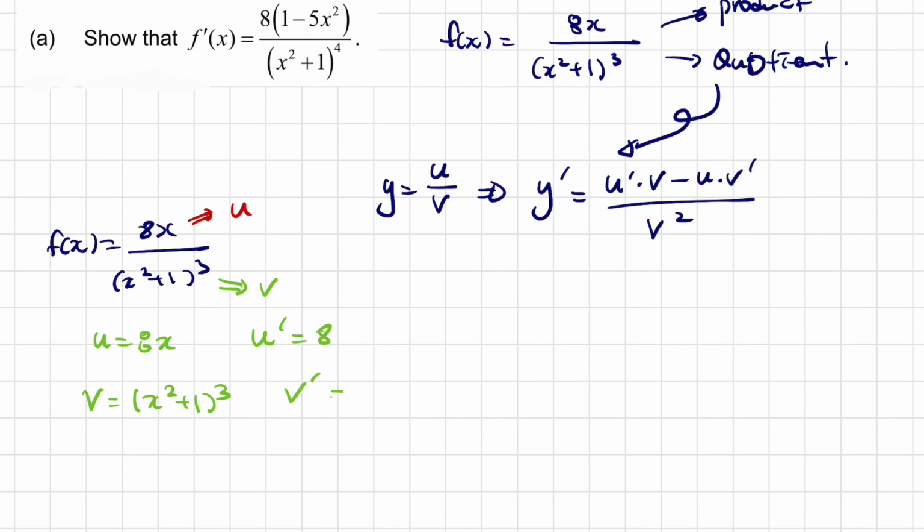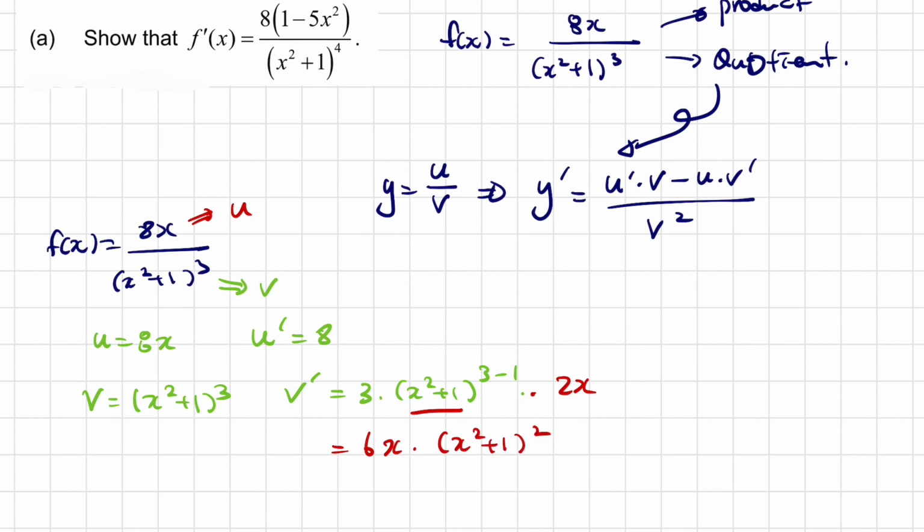Then v prime is 3 times (x squared plus 1) to the power of 3 minus 1, and since this is a function inside a function, we need to use the chain rule to differentiate it. So finally we have to multiply by 2x to have a complete equation. So this is the same as 6x times (x squared plus 1) to the power of 2.